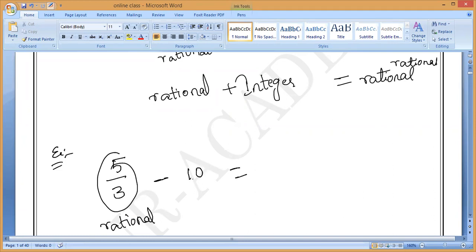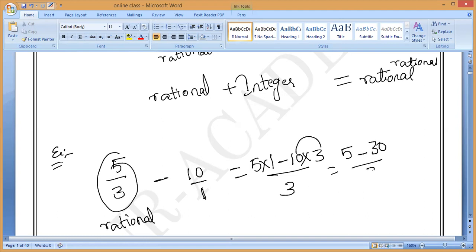5 by 3 minus 10. See, take LCM 3. 5 into 1, and write 10 as it is, in the denominator we have 1. 1 how many times to get 3? 3 times. So it is 5 minus 10 threes are 30, by 3.